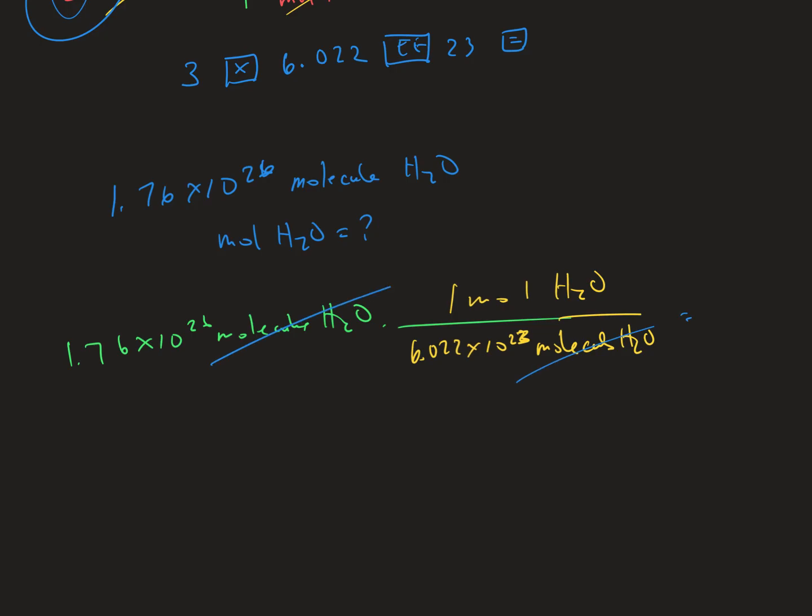Then we just divide those two icky yucky numbers. So with 3 sig figs, 292 moles of H2O.